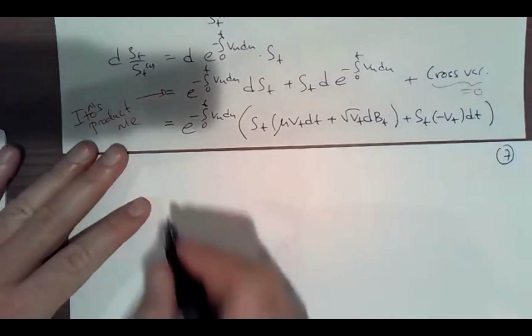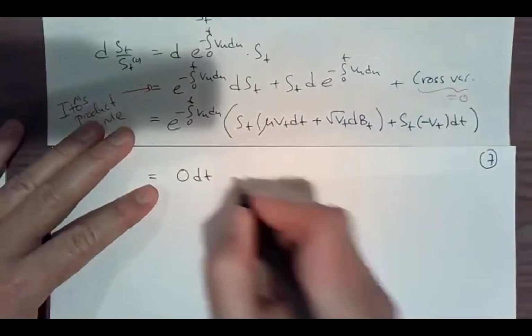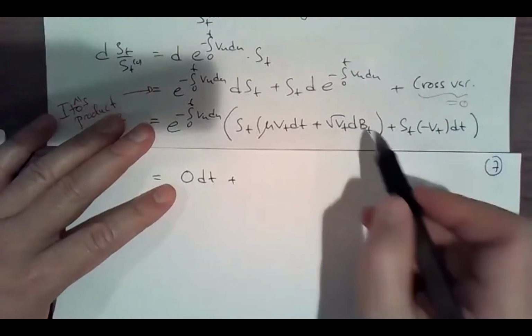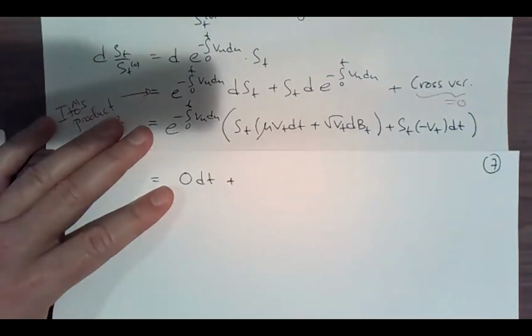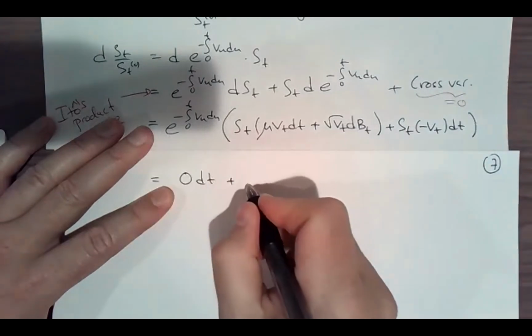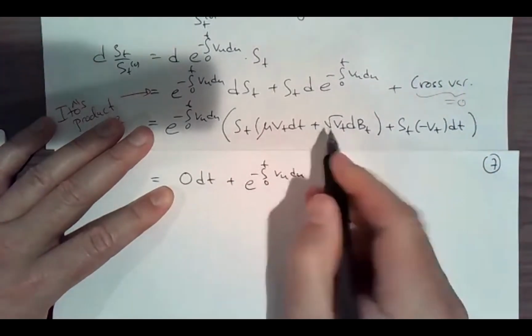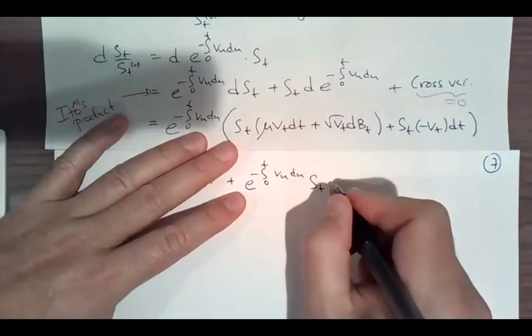And what we want it to be is 0 dt plus something that is a martingale under this measure Q. So what we need is the first term here, and then we have our S, and we have the root V.